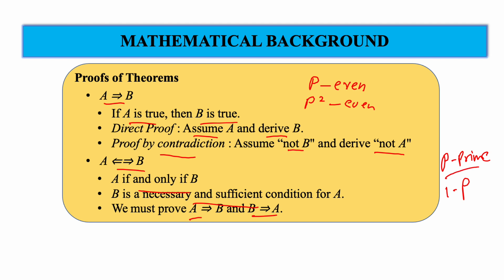So we can write it as: P is a prime number if and only if 1 and P are the only factors of P. So this is two-way implication. While proving it, we have to make sure that we prove A implies B and B implies A.